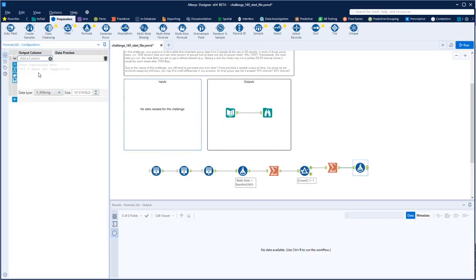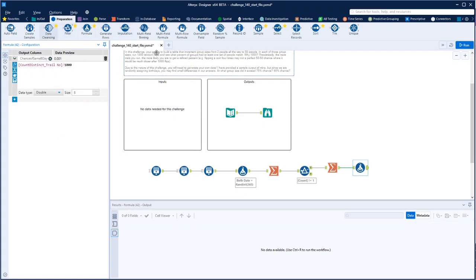So chance of same B day. Okay, and that is simply going to be the distinct count divided by 1,000. And if we do this as a double, that will do.